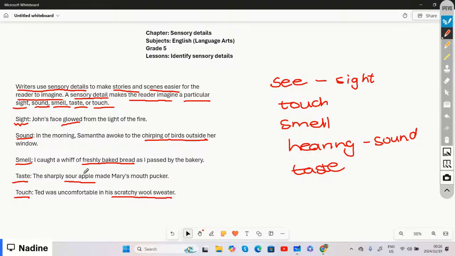Sensory details make us, as the readers, imagine a particular thing that we can see, a sound that we can hear, and something that we can smell, taste and touch.